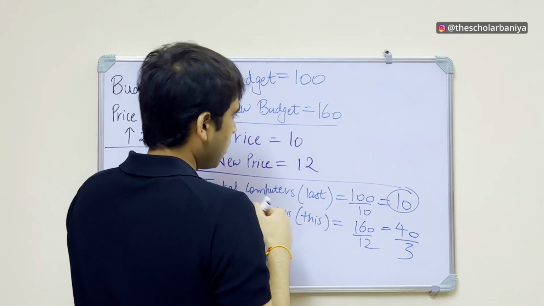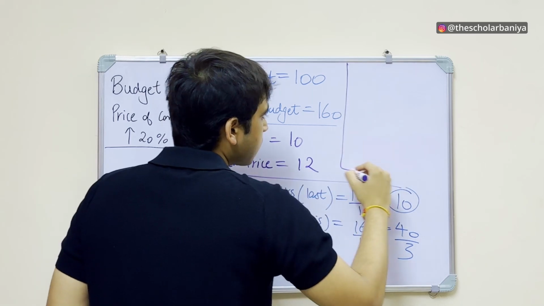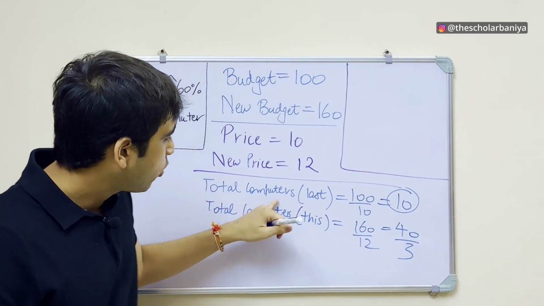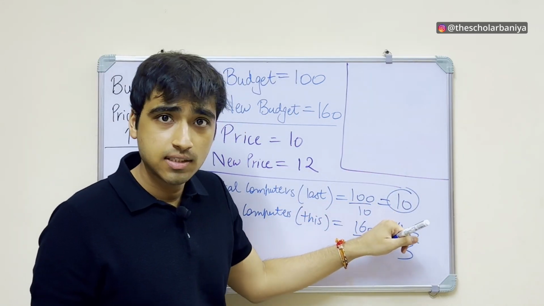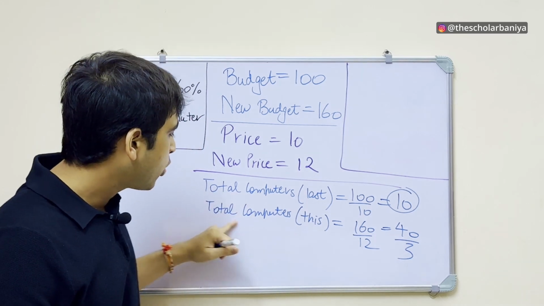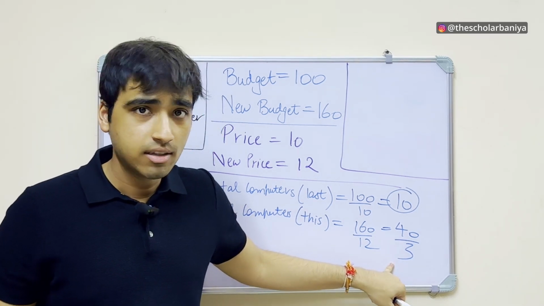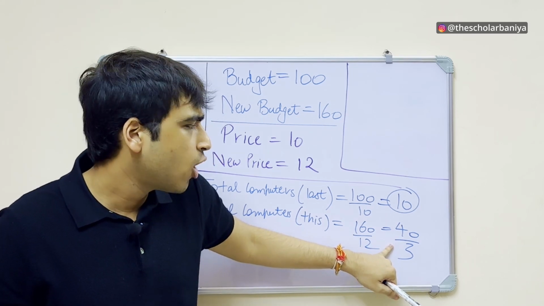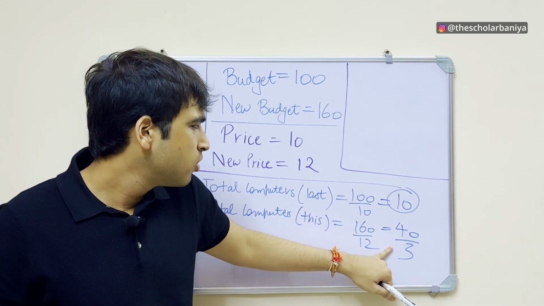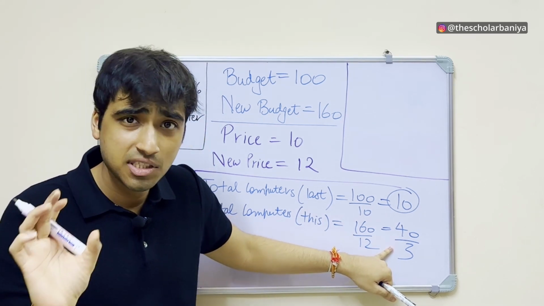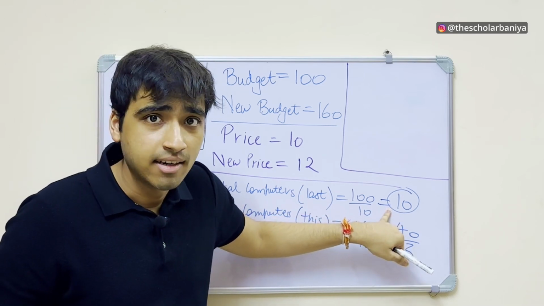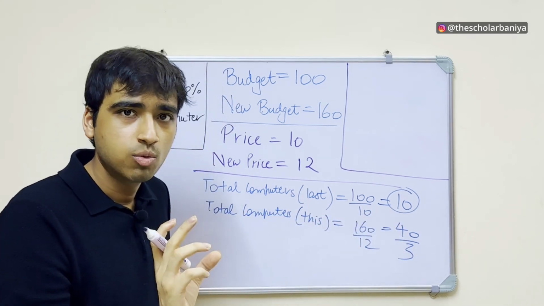Okay. Now tell me one thing. These are the total number of computers which could be bought last year, which is 10. And these are the total number of computers which can be bought this year, which is 40 by 3. And obviously 40 by 3 is somewhere close to 13 point something, right? Which is greater than 10. So what is the difference between the two?